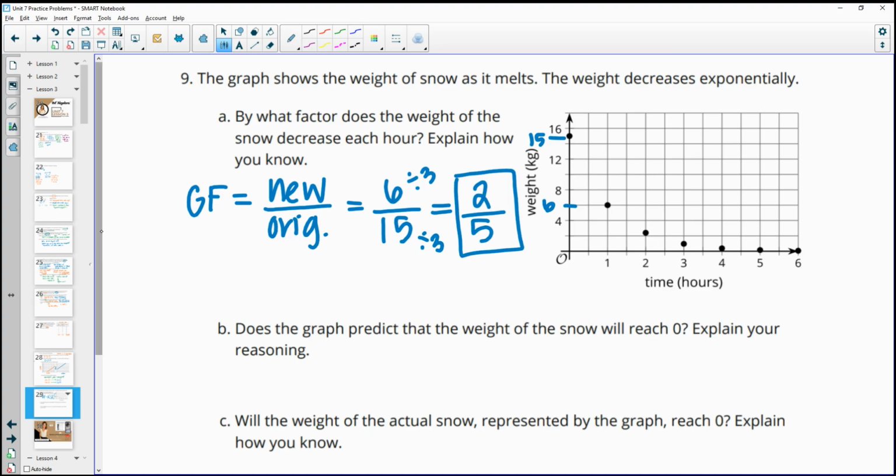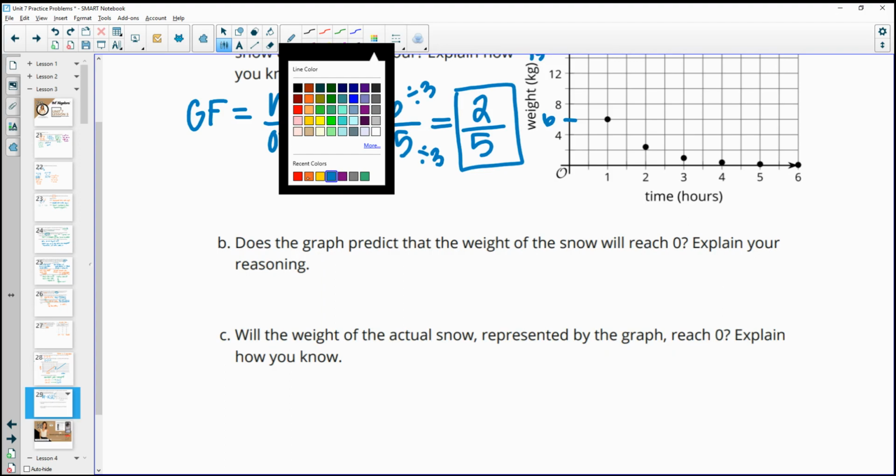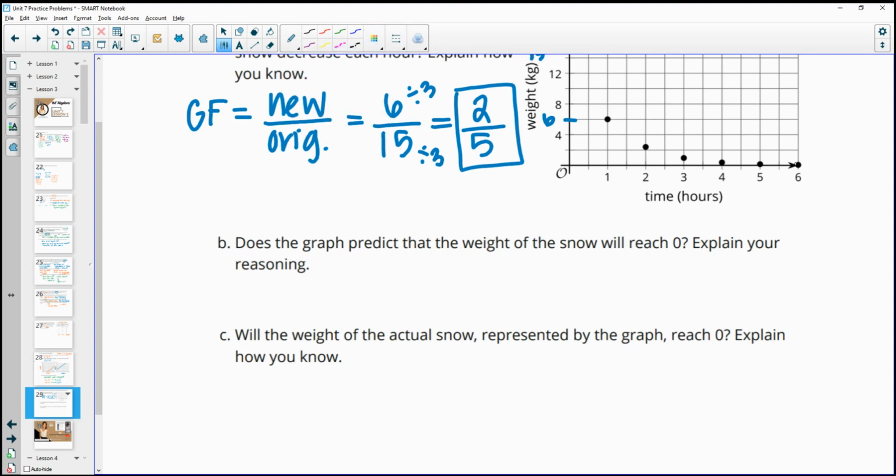Does the graph predict the weight of the snow will reach 0? Explain your reasoning. So the graph actually does not predict that it'll equal 0, because each time we're doing 2/5 of the previous number.